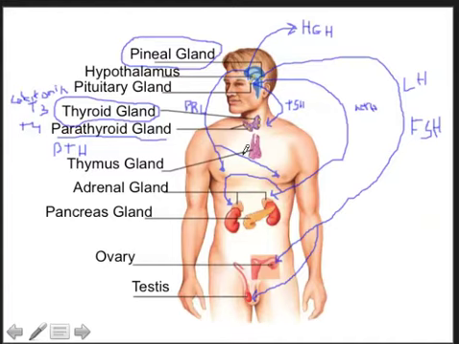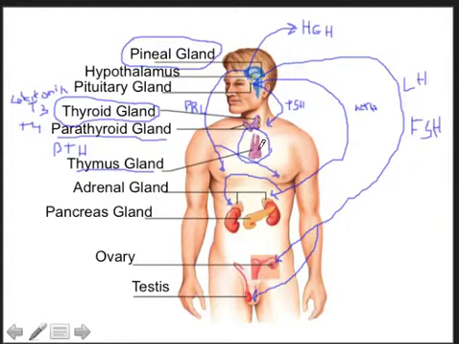The thymus gland, shown right here, is the site of T cell maturation. Your T cells are part of your body's defense against disease, and what happens early on when you're still a newborn is that immature T cells migrate to the thymus, and there they become chemically educated so that they can be immunocompetent, basically capable of fighting disease.